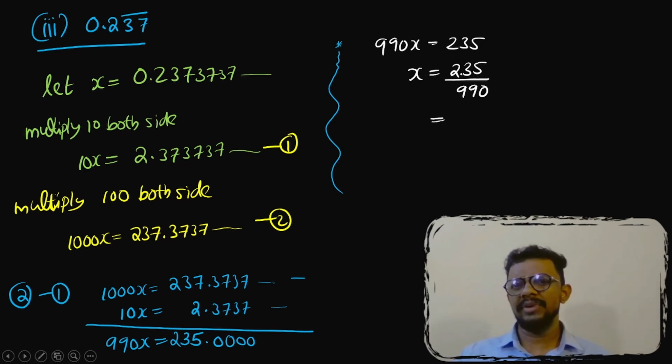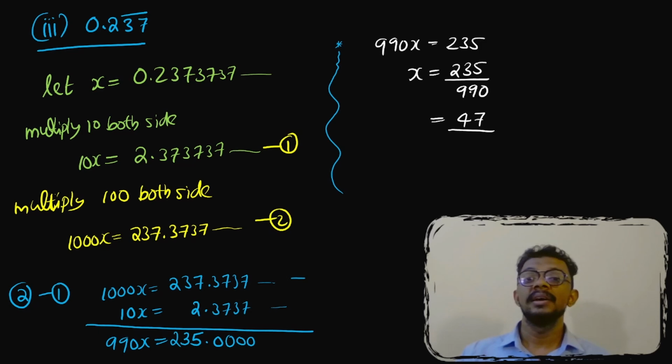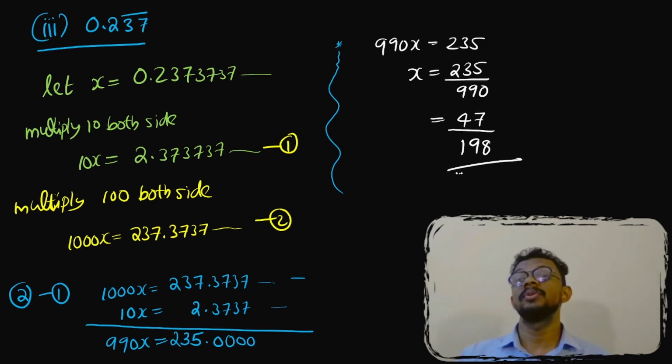In 23, how many 5s are there? The answer is 4. 4 into 5, 20. Remainder 3. In 35, how many 5s are there? 7. In 9, how many 5s are there? 1. Remainder 4. In 49, how many 5s are there? 9. Remainder 4. In 40, how many 5s are there? 8. 47 by 198. Okay, this is the answer we were searching for.